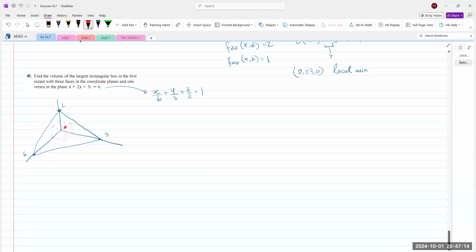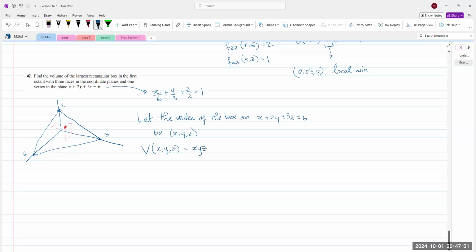Okay, so let the vertex of the box be on that plane x plus 2y plus 3z equals 6, at (x, y, z). Then the volume, if the vertex is there, is basically xyz.